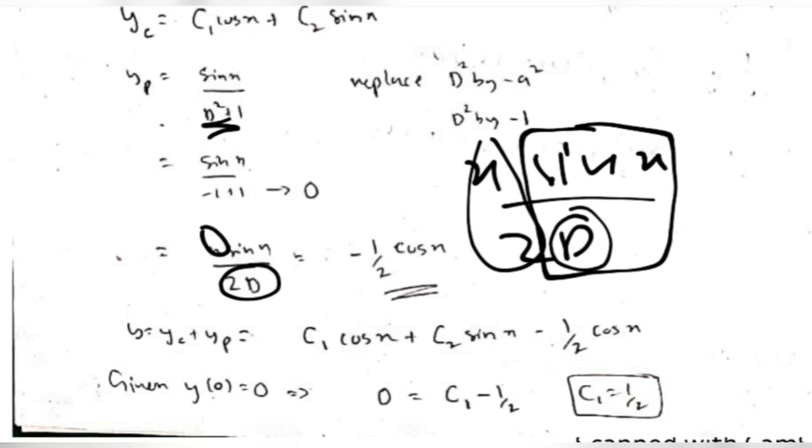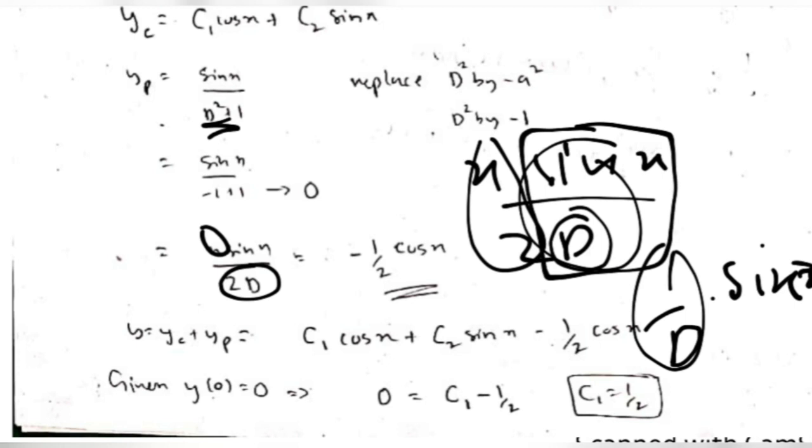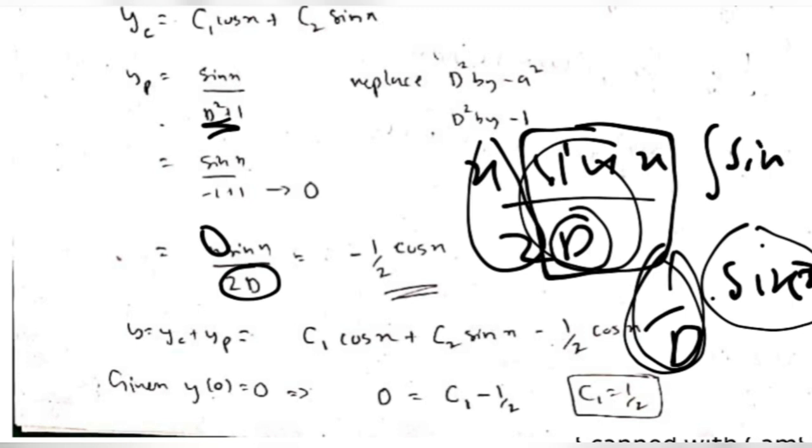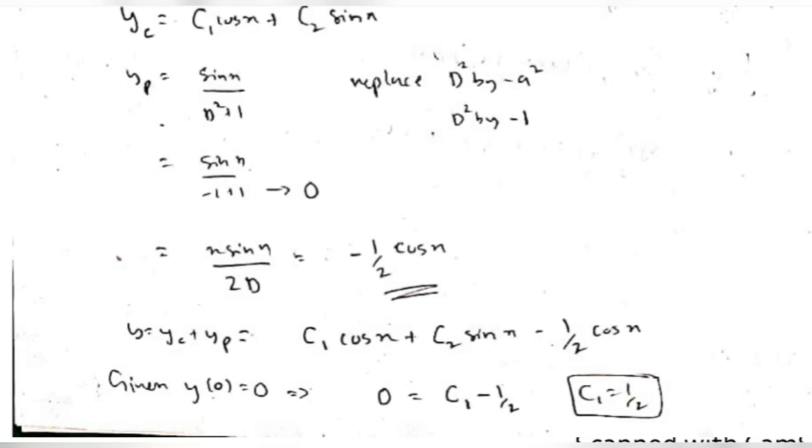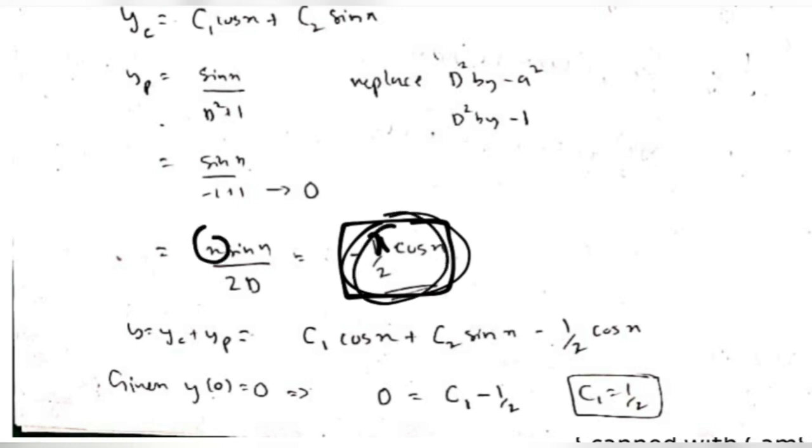See, d means differentiation. 1 by d, the reverse of differentiation is integration. So it can be written as 1 by d into sin x. 1 by d is nothing but integral. So you have to find the integral of sin x. So integral of sin x is minus cos x. So that's what I have written here, minus 1 by 2 cos x. Okay, x will be here, so minus x by 2 cos x.